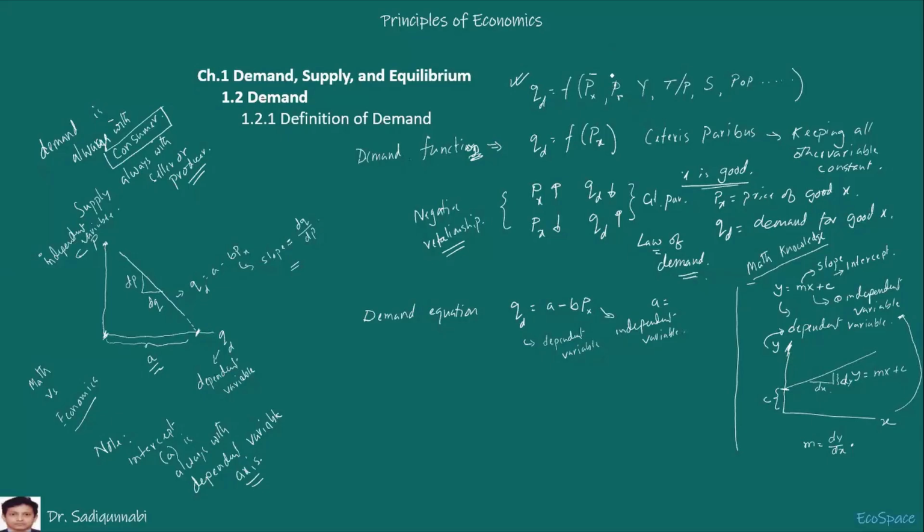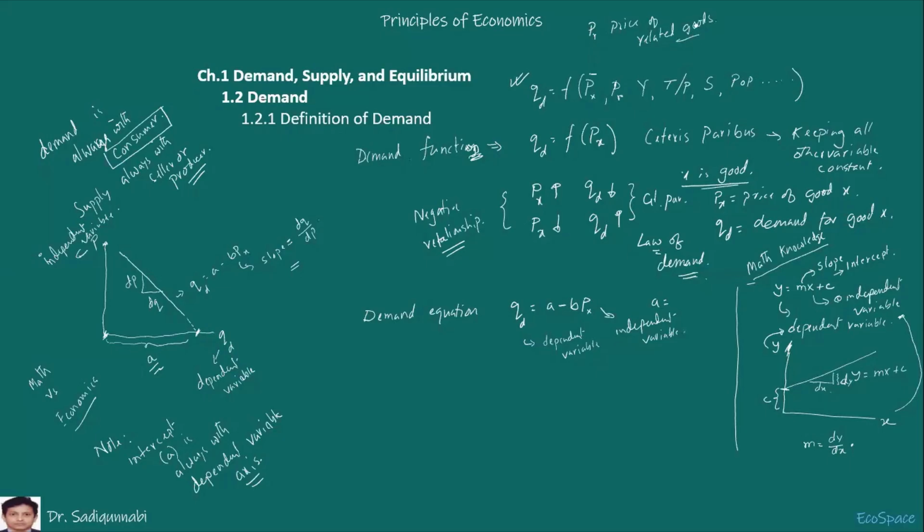Is it plus or minus? Negative. Minus. Why minus? Because we know that PR means price of related goods.